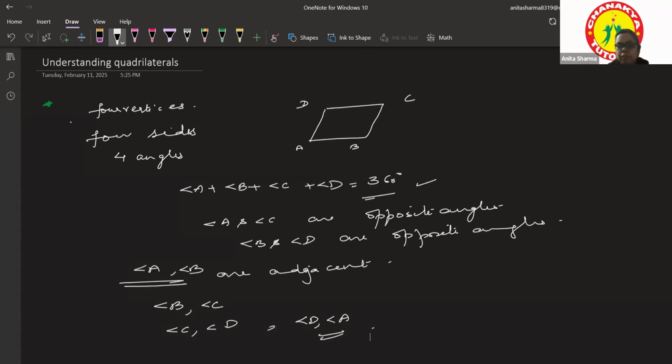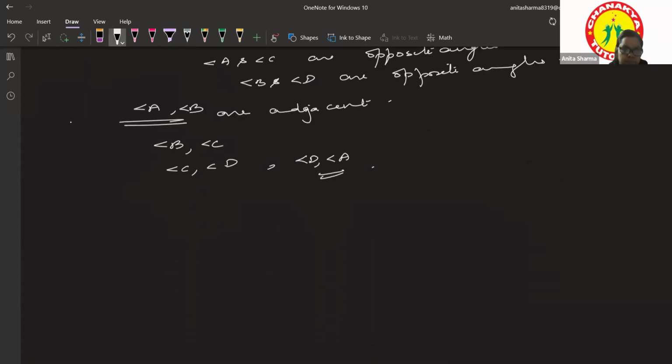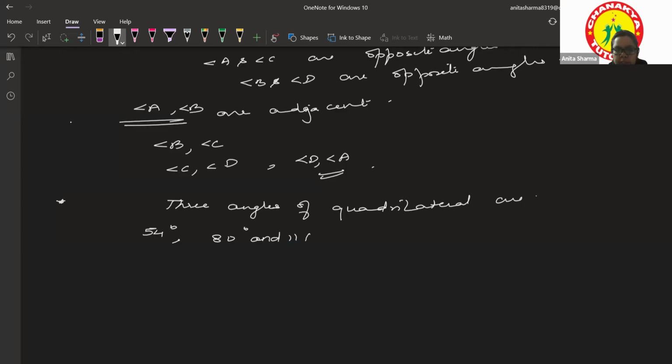Now, sometime, which type of question they can give you in the exam? Suppose three angles of quadrilateral are 54 degree, 80 degree and 116 degree. Then find the measure of fourth angle.